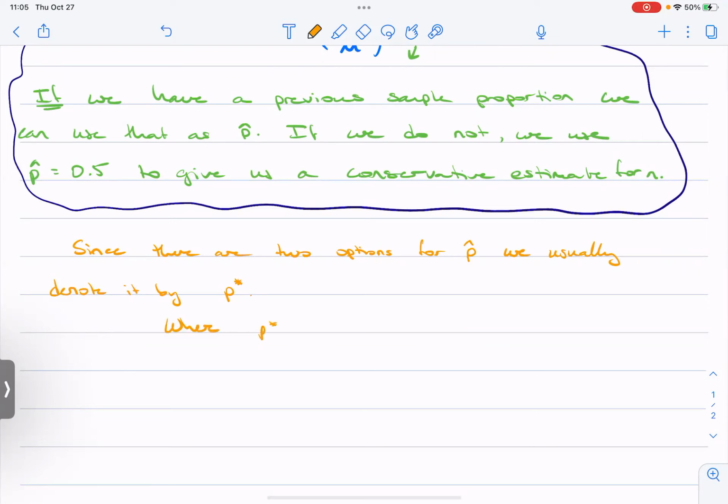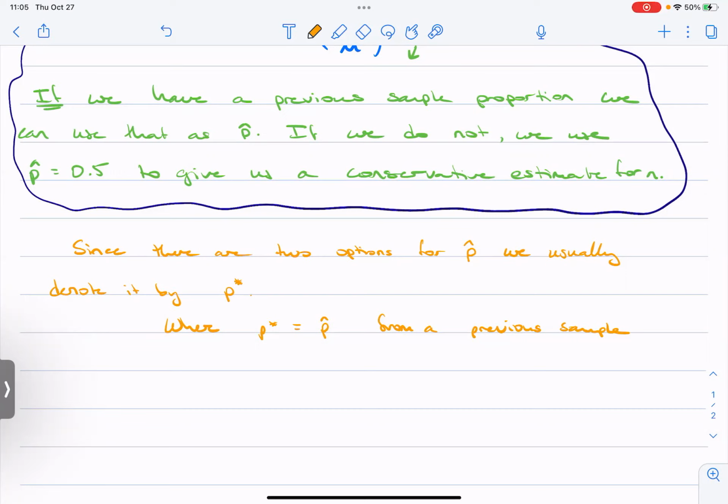Where p star is going to be p hat if we have a previous sample proportion from a previous sample. A lot of data analysis firms will have previous samples. The reason we would use that is because 0.5 and 0.5 maximizes our n, but collecting a large sample is expensive.